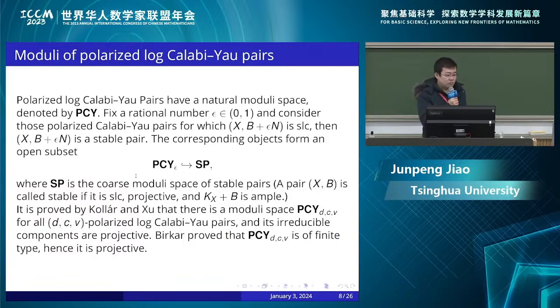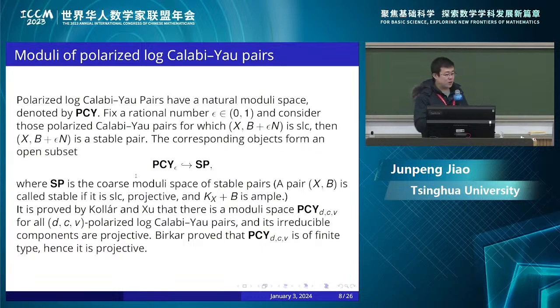Polarized log Calabi-Yau pairs have a natural moduli space. So fix a rational number epsilon and consider those polarized Calabi-Yau pairs for which (X, B + εN) is SLC.